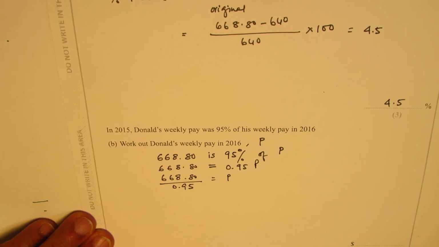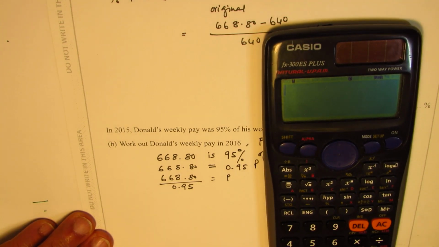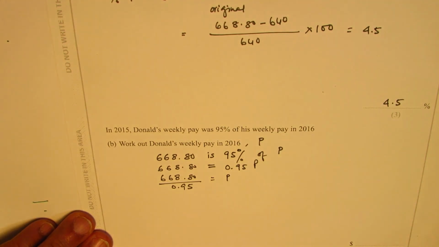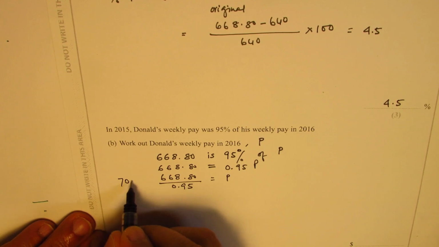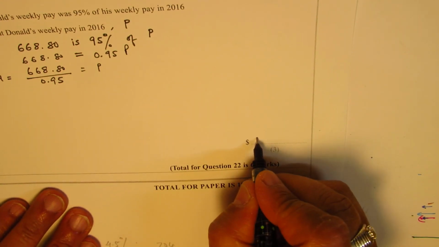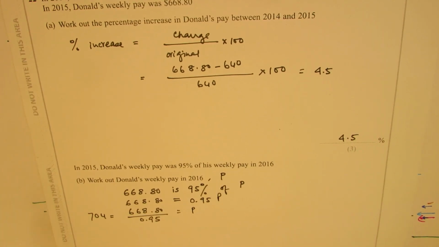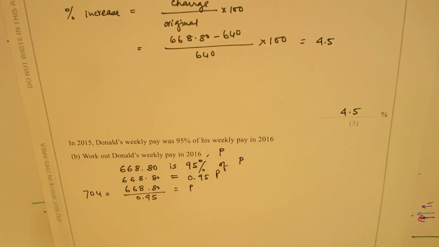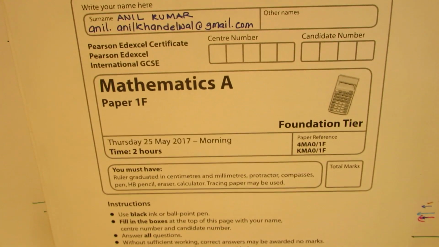So you expect a higher value, right? 668.8 divided by 0.95 gives you 704. So your answer here is $704. Perfect. So that is how you're going to answer this question. I hope you understand and appreciate how these questions can be answered.